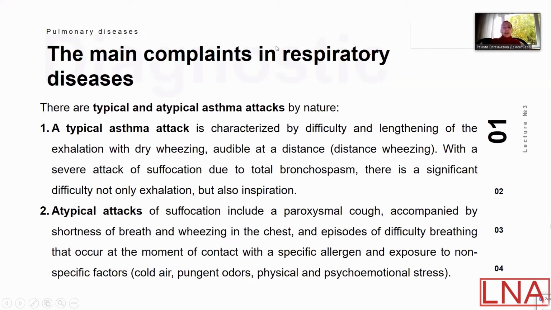So, continue. There are typical and atypical asthma attacks, if we divide them by nature. A typical asthma attack is characterized by difficulty and lengthening of the exhalation with the development of dry wheezing breathing, audible at a distance, and we can hear it at a distance from our patient. With a severe attack of suffocation due to total distal bronchospasm, there is significant difficulty not only with exhalation but also inspiration.